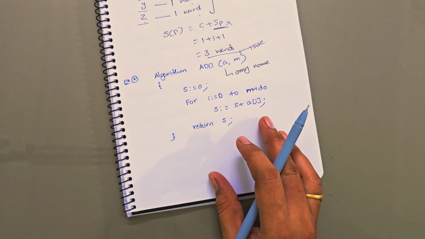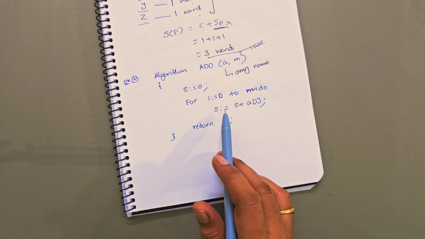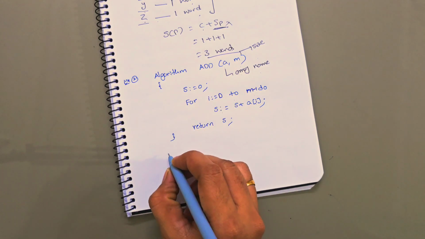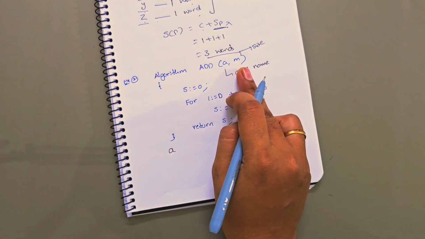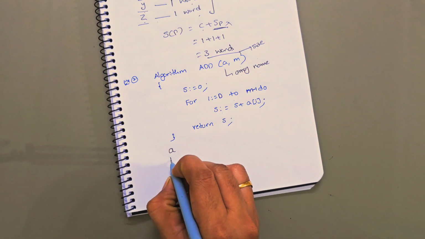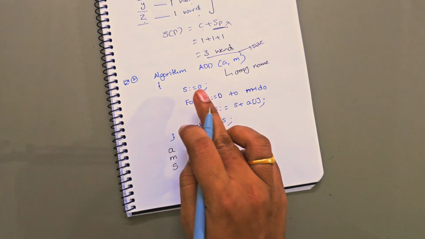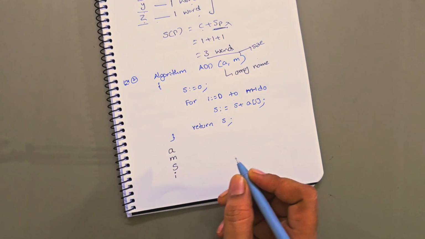Okay, so what is the first step? You have to note down all the variables of this algorithm. The variables in this algorithm: A is one variable, right? Next, M is one variable. Next, S is one variable. Next, after S, I is one variable.